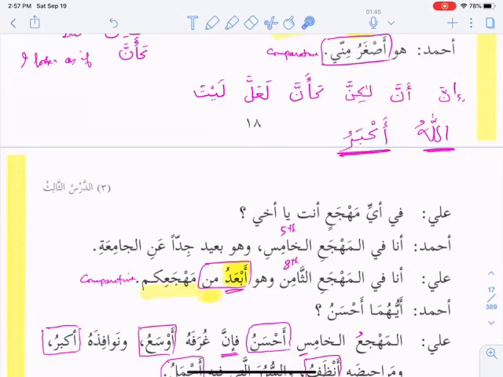So as a joke, I used to say in the class, when you stand in Salah, and the Imam says, Allahu Akbar, you don't have to say Mubtada Khabar. We have to understand in our heart that what the Imam uttered was a Jumla Ismiya in which there is a Mubtada and a Khabar.